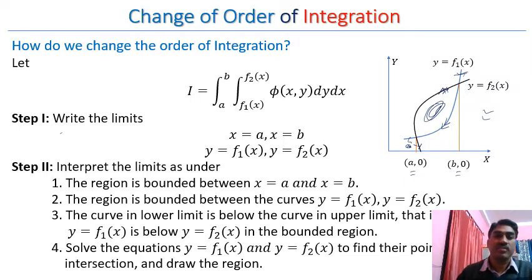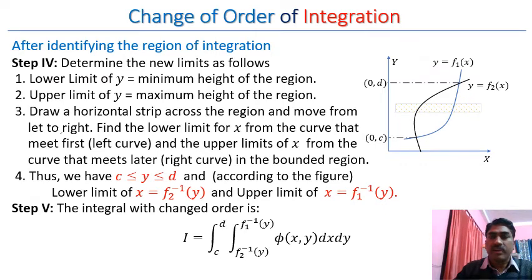So this is one piece of information that facilitates us to draw without performing the tracing of the curves. So after you have identified the bounded region of integration, decide the new limits.